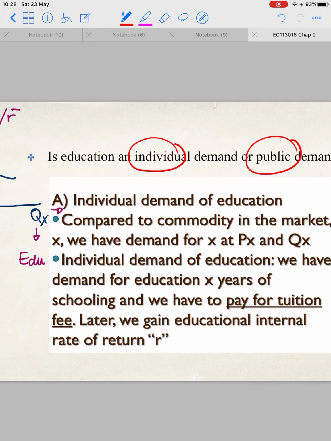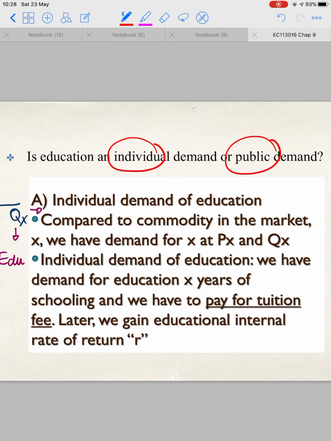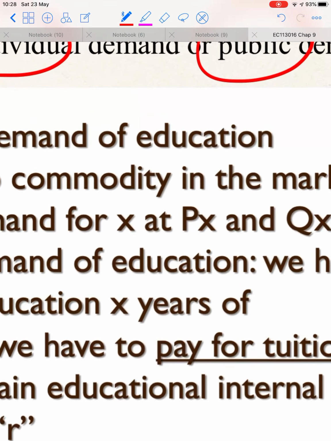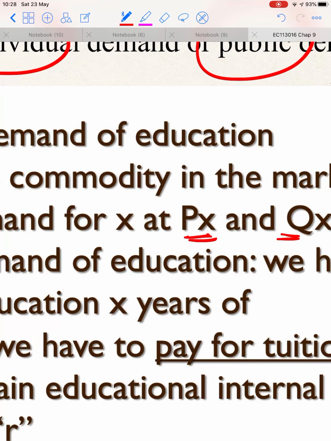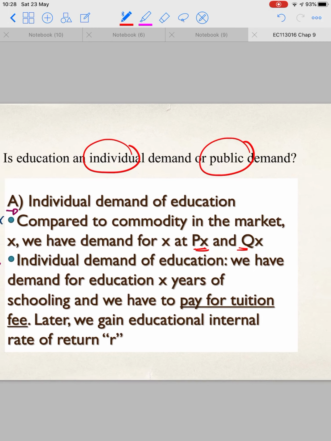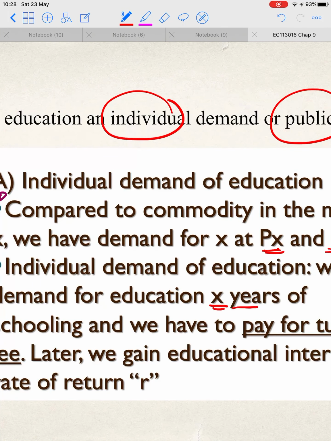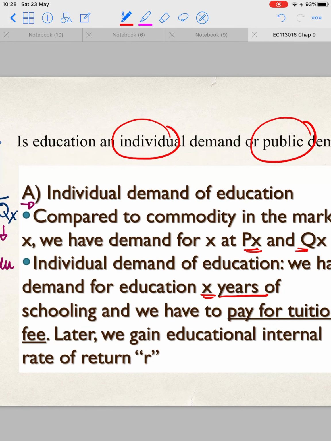In terms of individual demand for education compared to a commodity in the market, think back to microeconomics. In commodity markets, we have commodity X with PX and QX, price and quantity. Then for the individual demand for education, we can imagine that the demand for education is X years of schooling, which is QX, right?